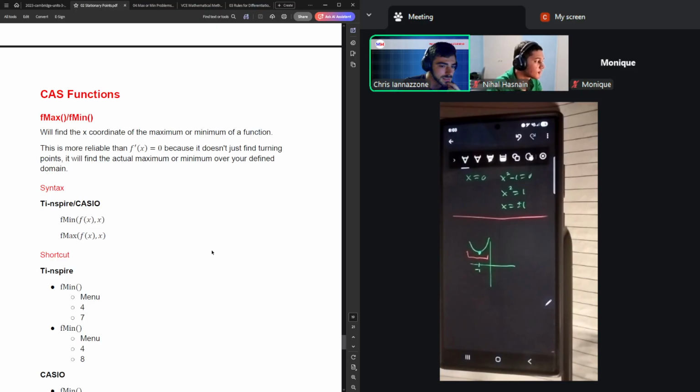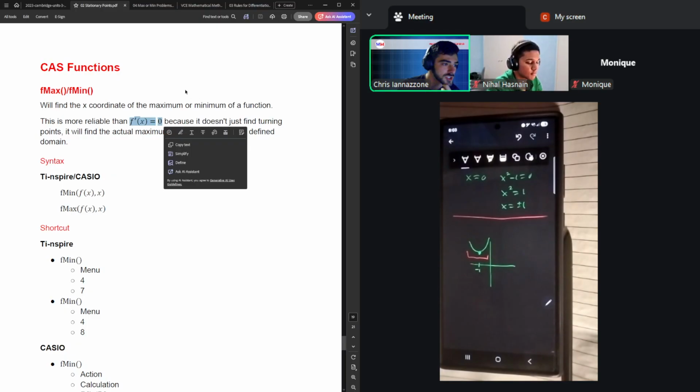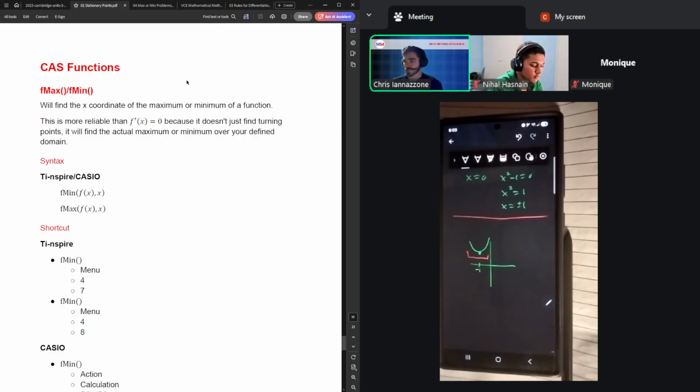As far as some CAS help, we have CAS functions like fmax and fmin. Those are probably a little bit more reliable than just doing derivative equals 0, because sometimes you have functions that have all sorts of craziness in them, like multiple coefficients. It's a little bit less reliable than just doing fmin or fmax, because fmin and fmax find not just stationary points, but also the true maximum or minimum of the actual function.